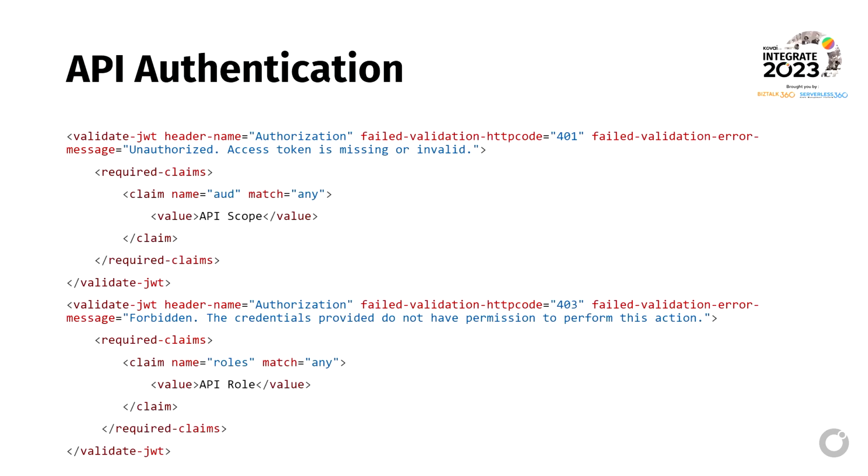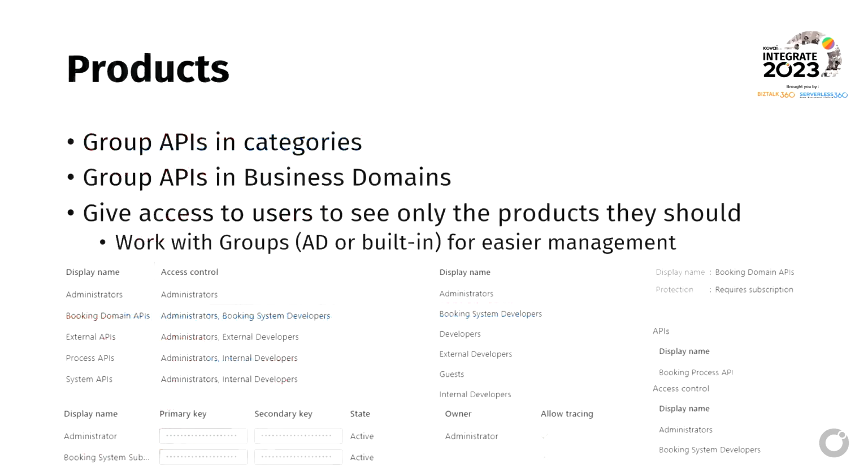We have the validation of the scope, which is the API itself, and we have the validation of the particular claim, in case the credential coming with the request does not have access. That's normally how we protect our APIs on a more granular level.